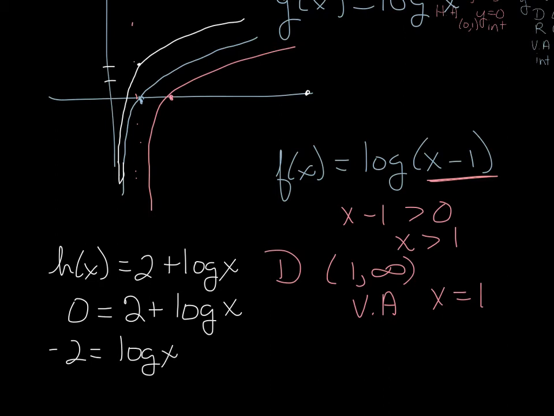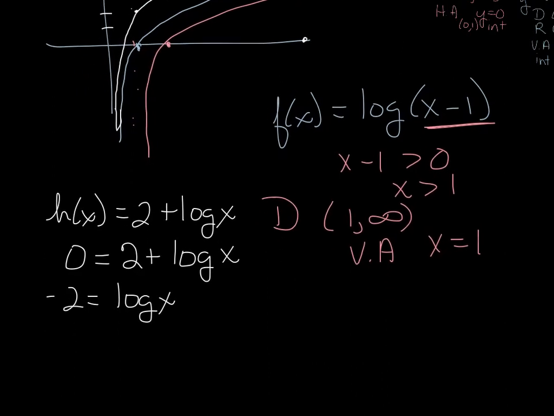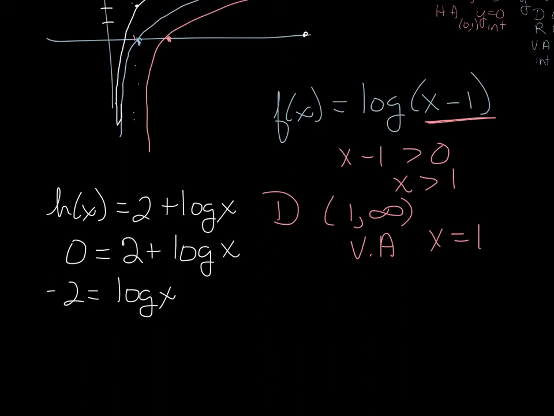And what I'm going to do now is rewrite this in exponential form. What will this be, Sarah, in exponential form? Log x to the negative 2 power. Okay, what's the base? On a log, what's my base? 10.